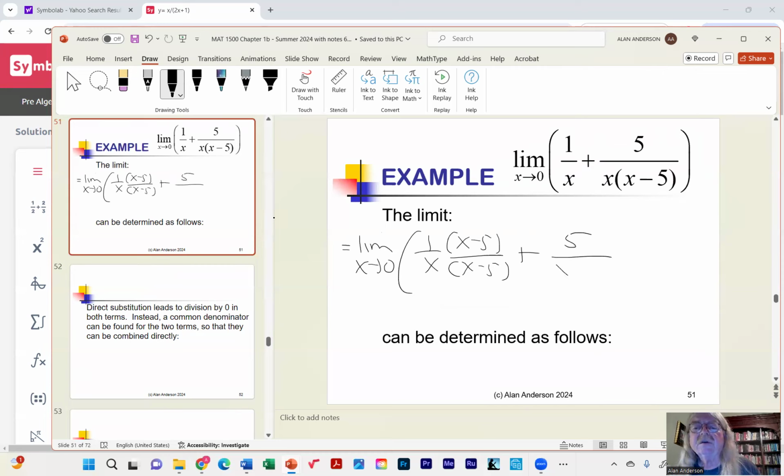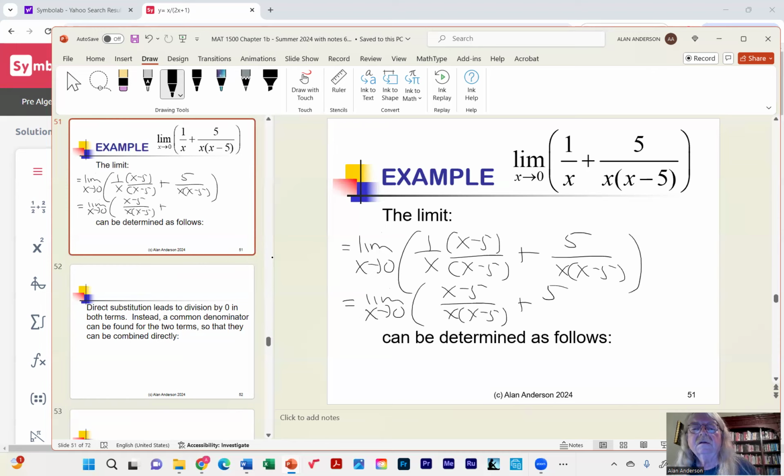For the second term, we don't have to do anything with it. Okay, so that means we have, and when we consolidate these into one term, we have x over x minus 5.